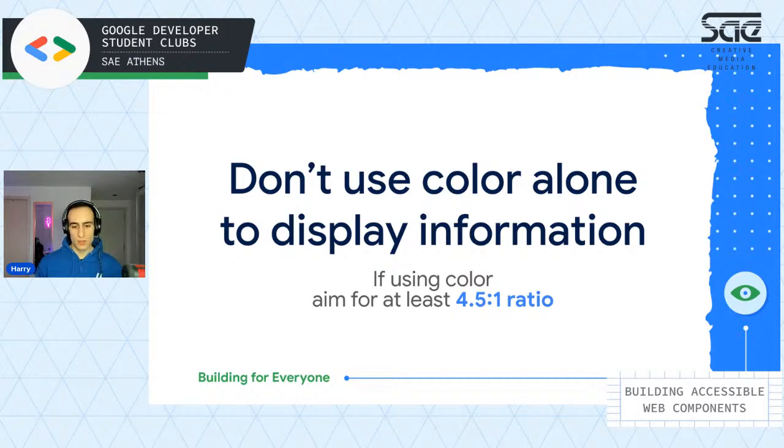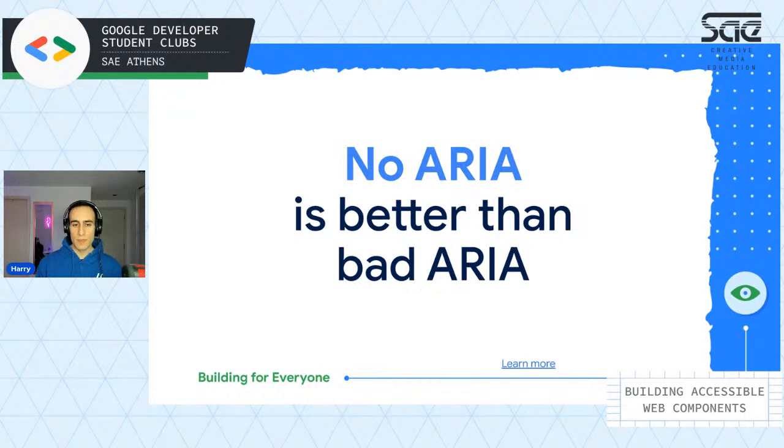Now, lastly, before we go into how to build accessible web components with code examples, this is one of the final best practices that I think makes you try to find better ways to create accessible UIs, and it is that no ARIA is better than bad ARIA. ARIA was created to augment some parts of how browsers are rendering web pages.